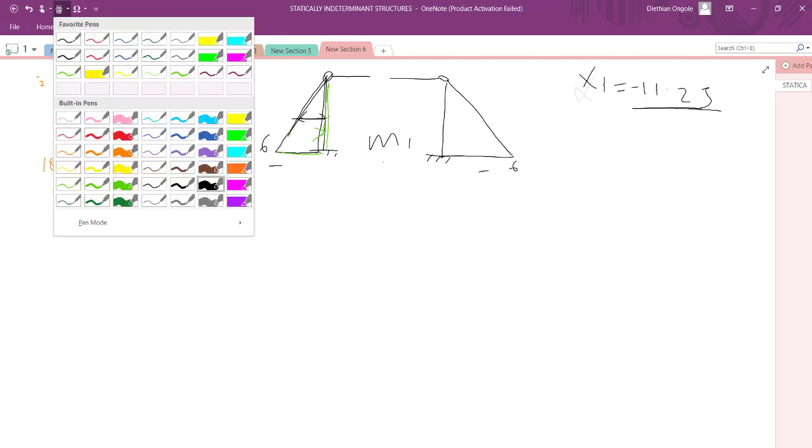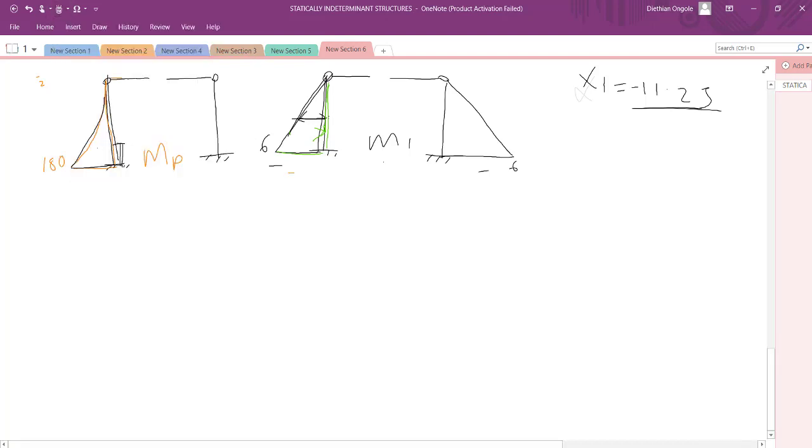I would be getting my answer as a negative 67.5. Then even this side it should be a negative 67.5. For this case, since it's negative, our actual bending moment diagram would have this look here, something of this nature.